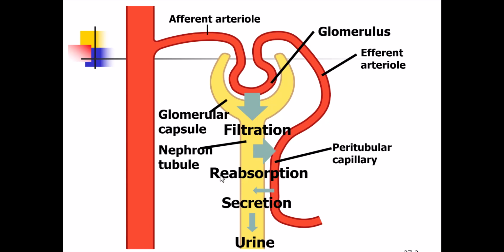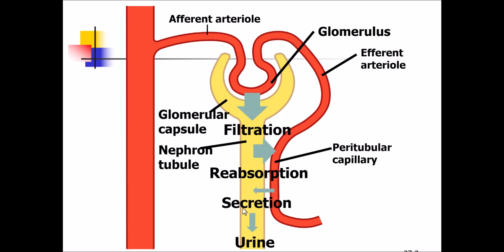Now, there's another process that happens in the kidney between the blood and the kidney tubules, and that is the process of secretion. And that represents this arrow. And what you're seeing is that there are some substances that leave the blood and are shuttled directly into the tubule. There is one substance that I want to tell you about that does this process of secretion.